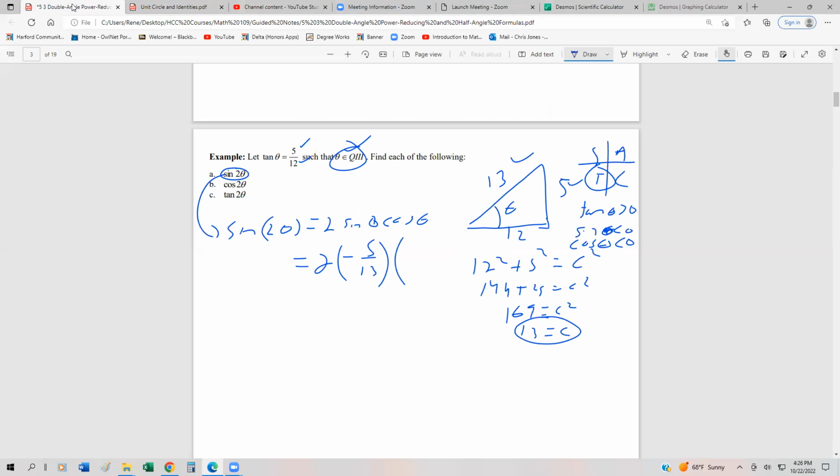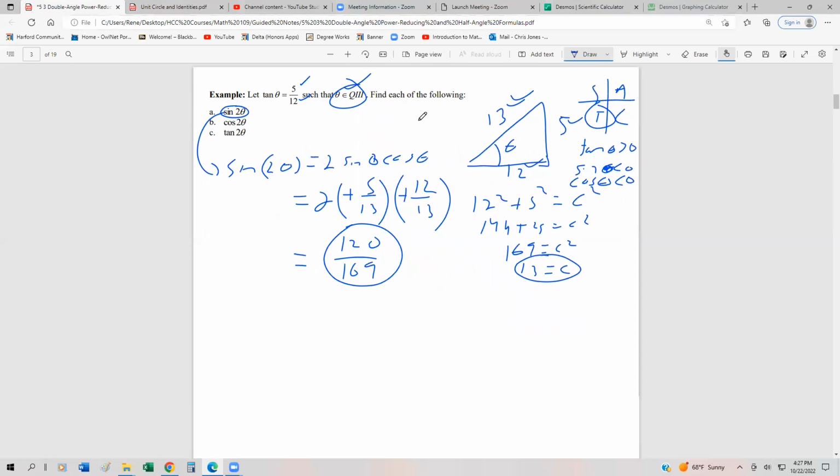The cosine is 12/13 because that's the adjacent, but it's negative. Multiplying those together, 2 times 5 gives 10, 10 times 12 gives 120, and 13 times 13 is 169. Negative times negative is positive. So that's easy enough.